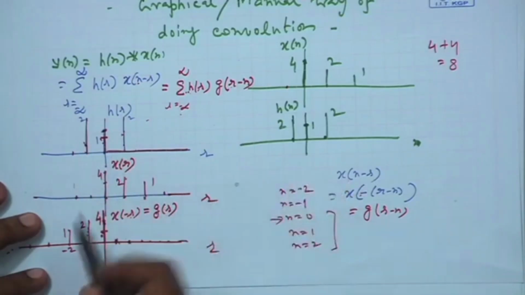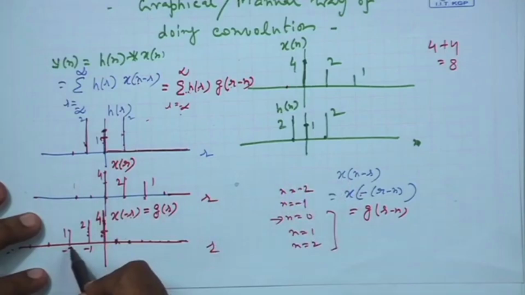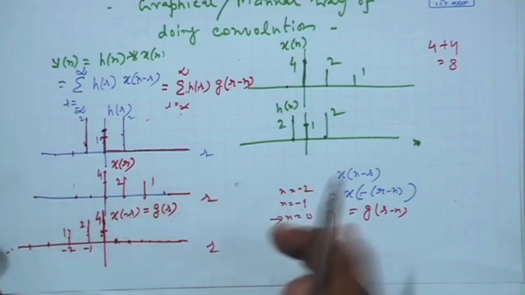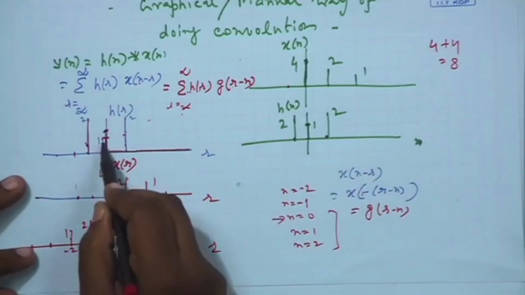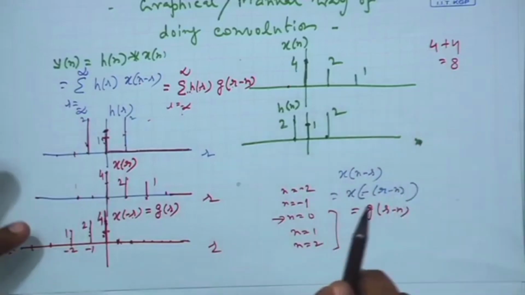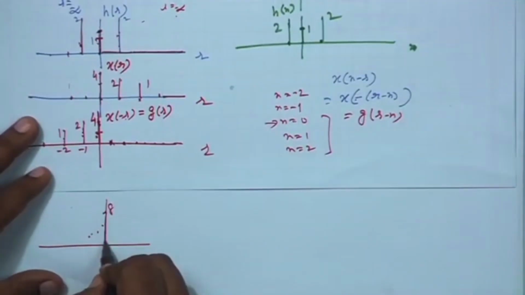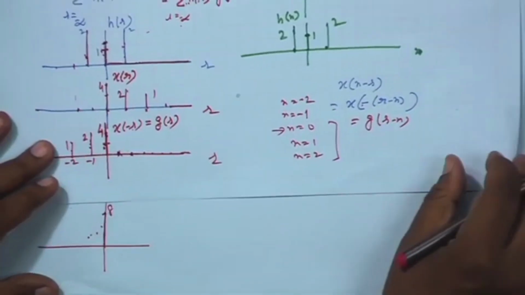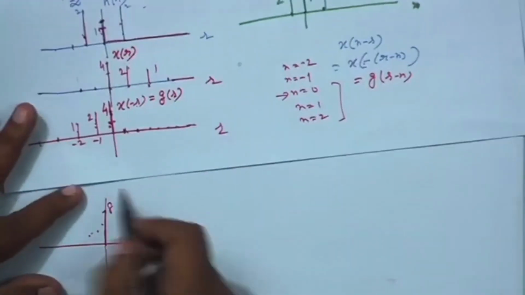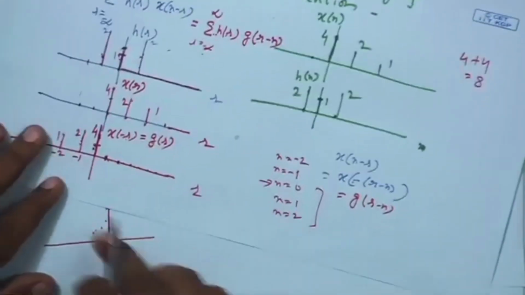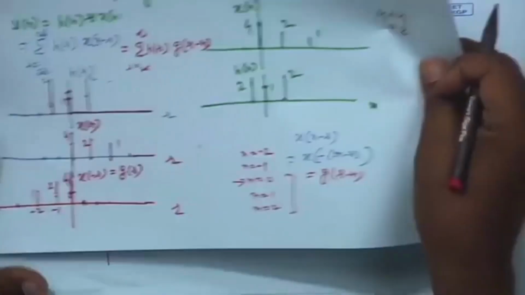So, they do not contribute. r equal to minus 2, this into 0, r equal to minus 3, 0 into 0, r equal to minus 4, 0 into 0, they do not contribute anything. You are left with only these two terms, 4 into 1 plus 2 into 2, 4, so 8. So, the convolution output, if you call it y, at n equal to 0 is 8.